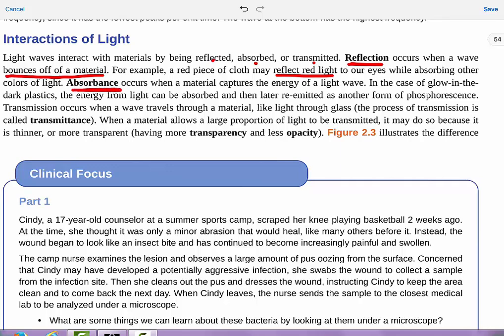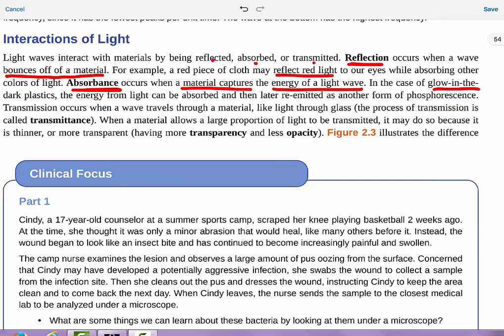Absorbance is when something is capturing that light. The material captures the energy of the light wave. What is absorbed are the colors that we do not see, and what bounces back are the colors that we do see. That's the reflection. So we have reflection, absorption.